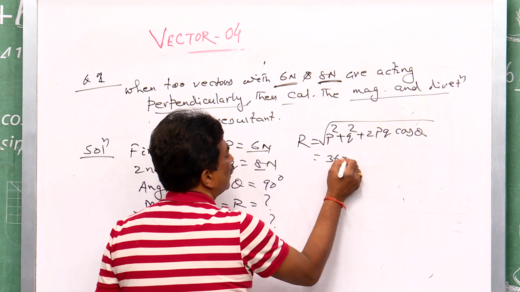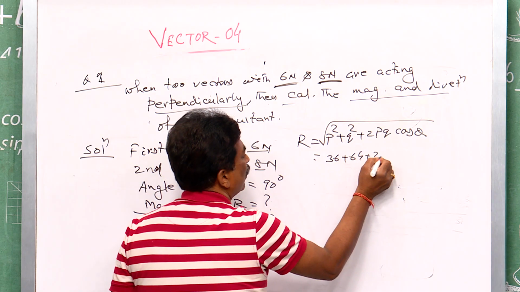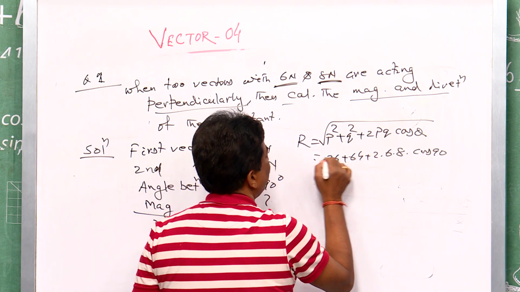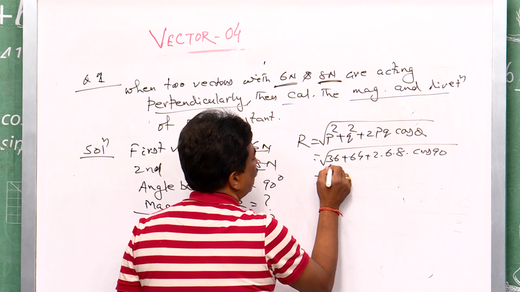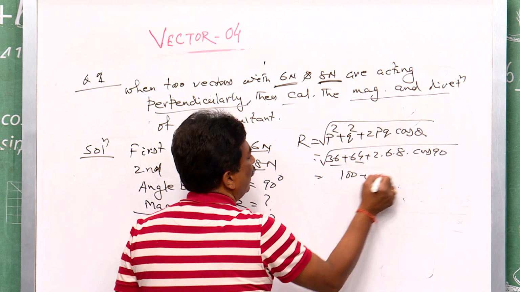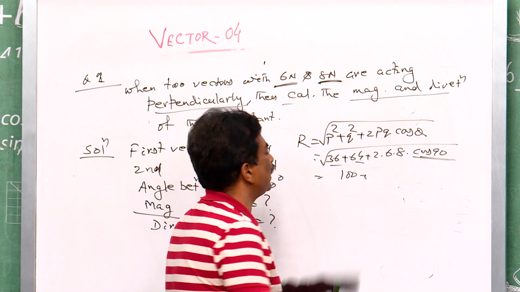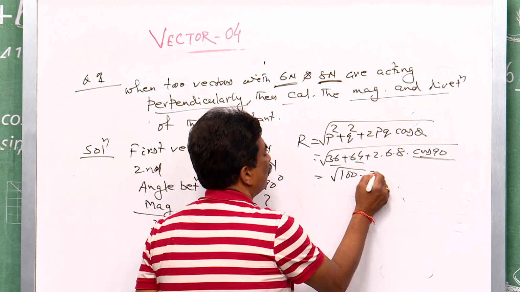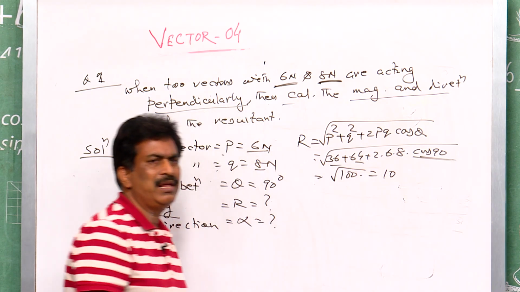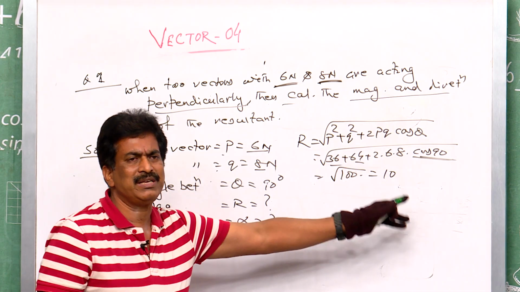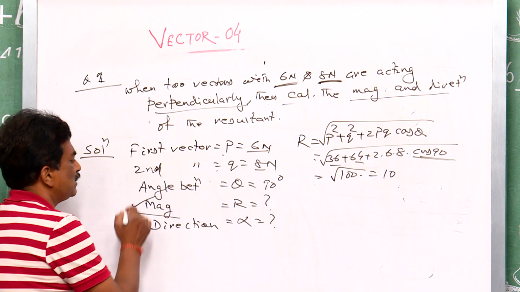So that is equal to root over 36 plus 64 plus 2 into 6 into 8 into cos 90. So 36 plus 64 is 100, and cos 90 is 0, so 2 into anything into 0 is 0. So root 100 is equal to 10. So the magnitude is 10 Newton. So the R value is calculated.